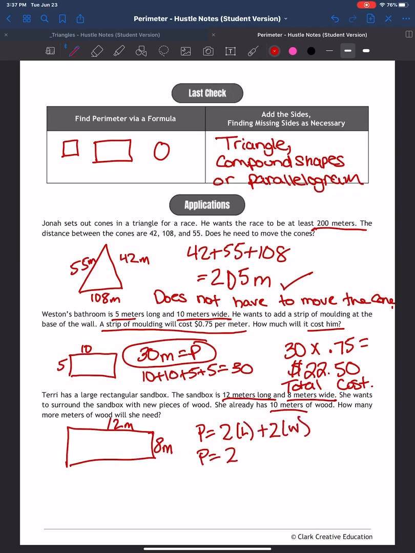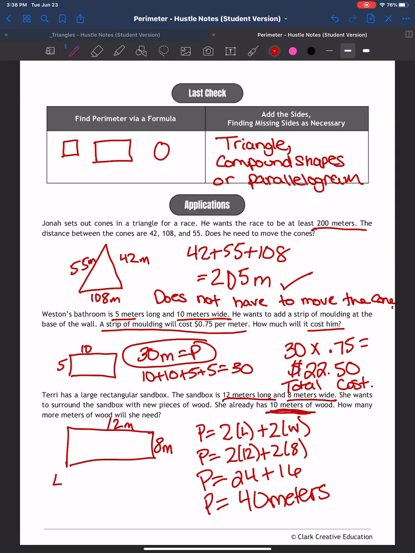P equals 2 times 12 plus 2 times 8. P equals 24 plus 16. P equals 40 meters. If she already has 10 meters, you're going to subtract that. So 40 meters minus 10 meters equals 30 meters. She needs 30 meters of wood.